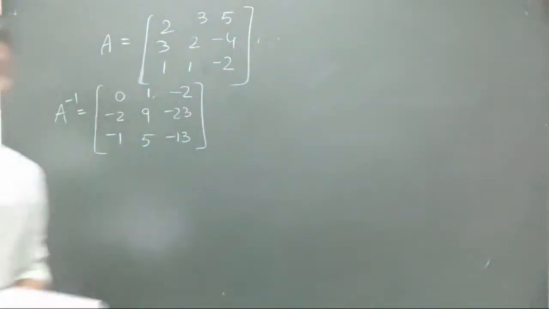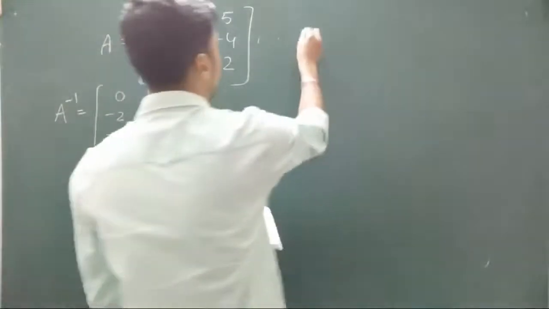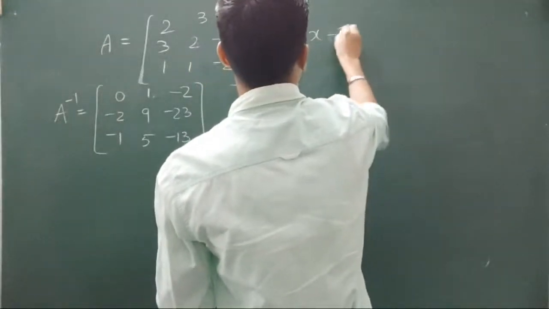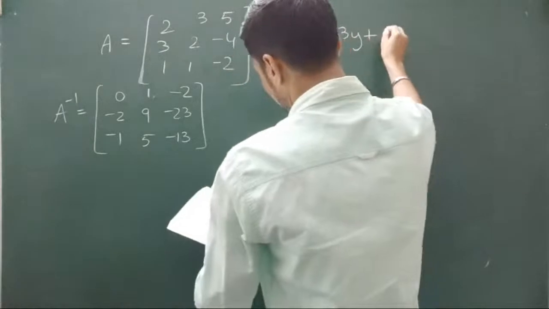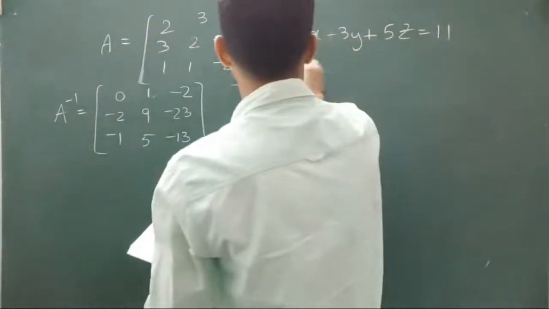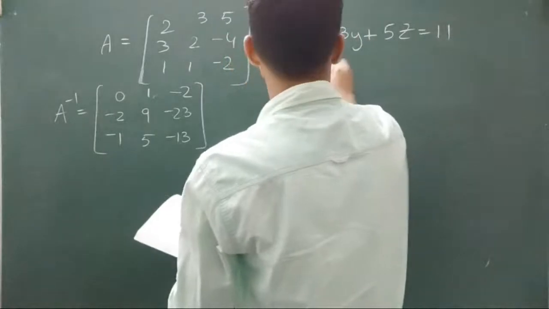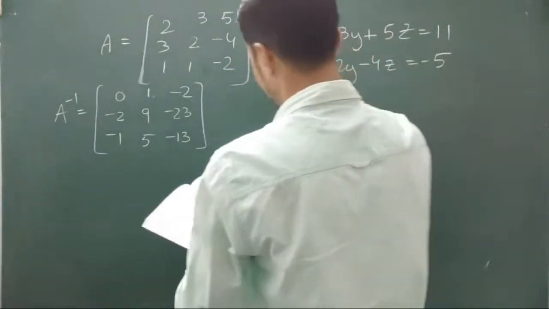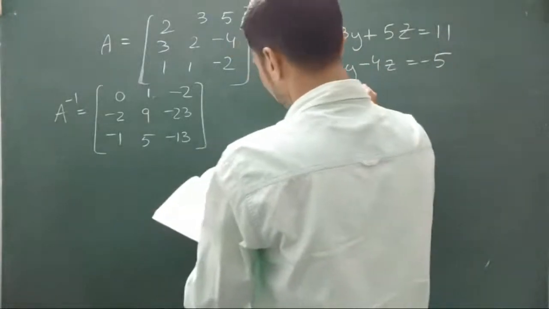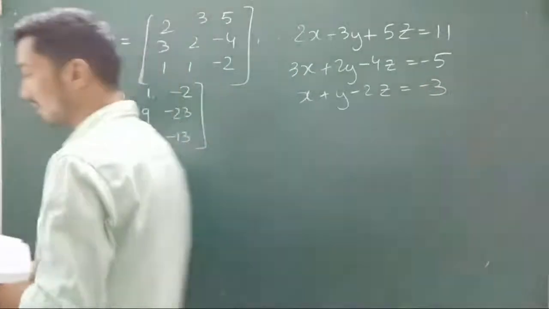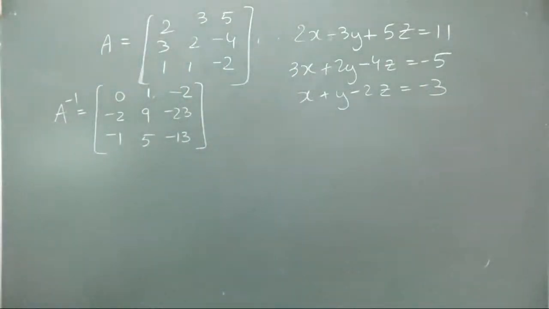Okay, now look at the equations that are given to us. The equations are 2x minus 3y plus 5z is equal to 11. 3x plus 2y minus 4z is equal to minus 5. x plus y minus 2z is equal to minus 3. The question is, using A inverse, solve the following system of equations.